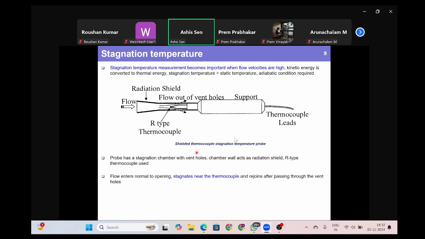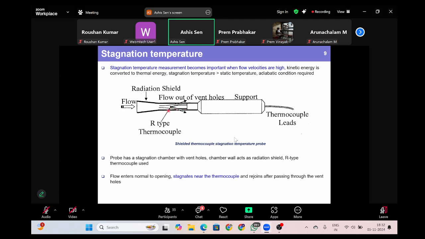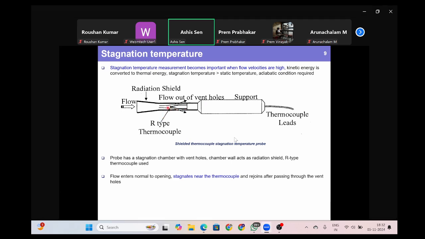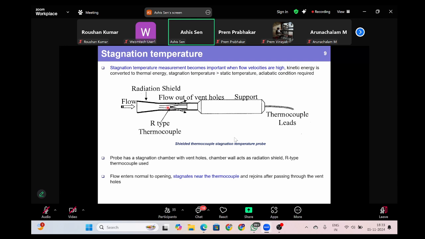Okay. So typically, this is a stagnation temperature probe. So you have like a thermocouple junction here. You typically use R-type thermocouple because we have studied that R-type thermocouple can measure up to very high temperature.